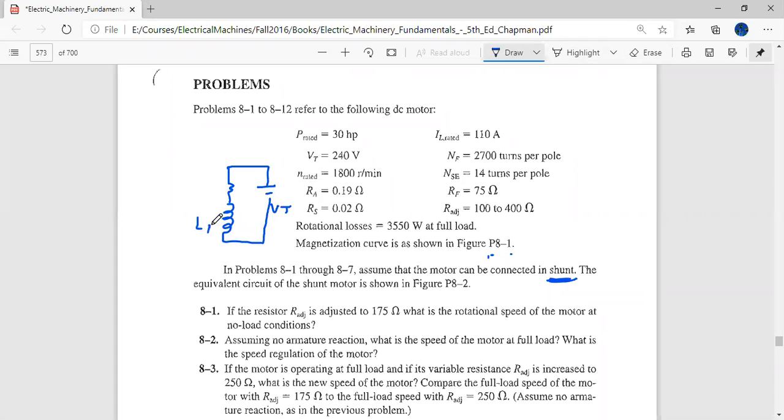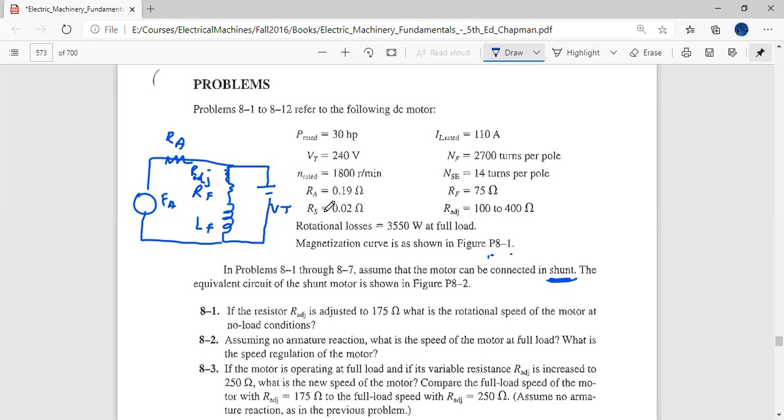This is LF, this is RF, and you have something R adjustable. Then you have this armature and armature resistance. This is RA, this is EA. So this is your field. R adjustable is used to control the field, so it is on the field circuit.